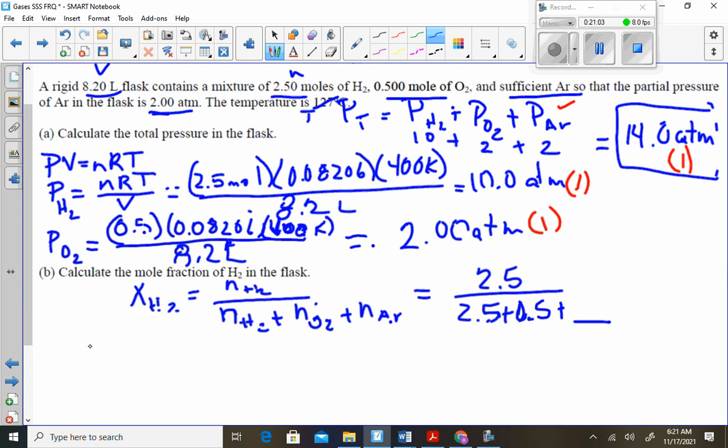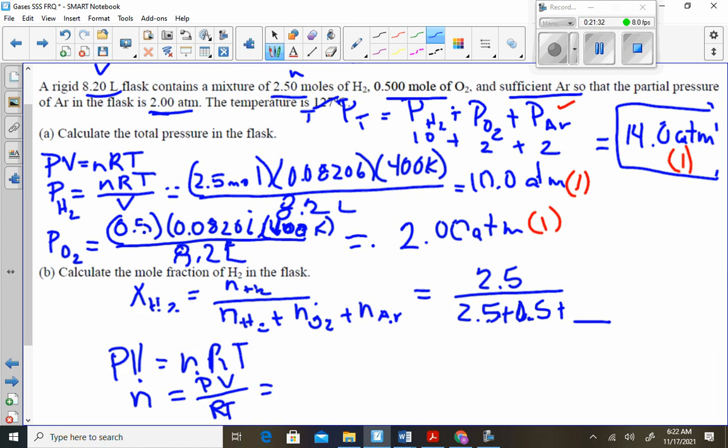So to find the number of moles, if we use PV equals nRT, and solve for moles, we end up getting PV over RT.